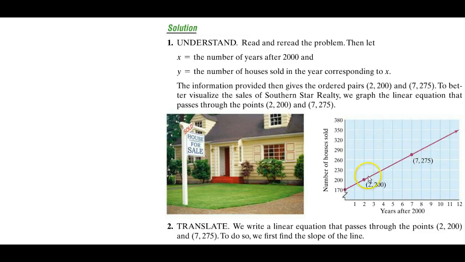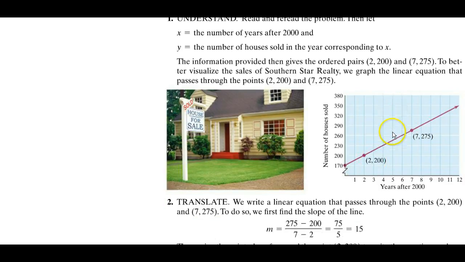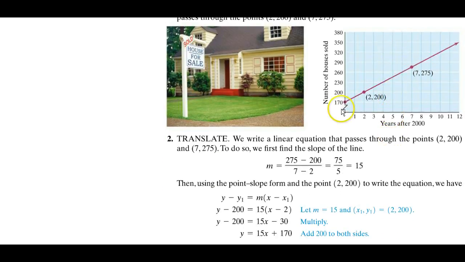So by plotting these 2 points, we get this graph, and by using these 2 points of data, we can actually figure out a slope. And the slope of this turns out to be 15.